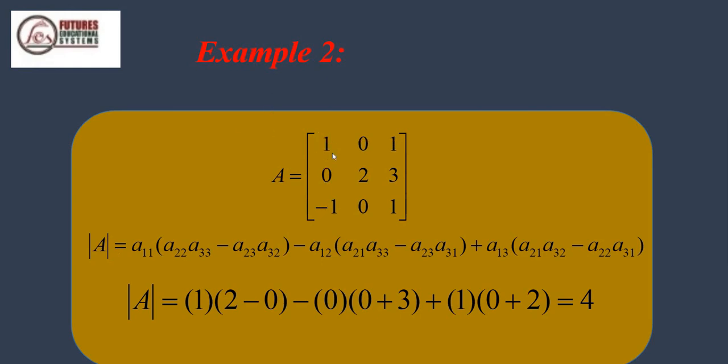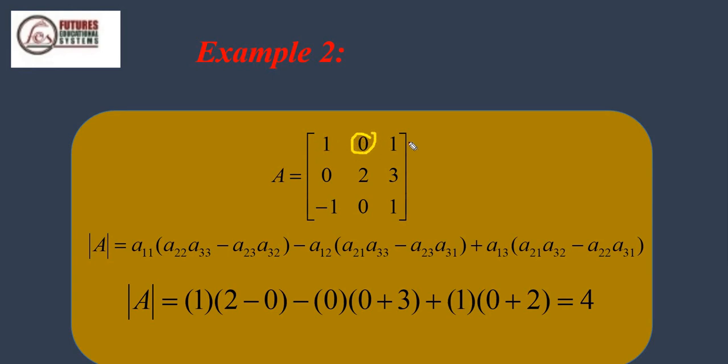The determinant in this case: 2 by 1 minus 3 by 0. 2 by 1 equals 2, minus 3 by 0 equals 0.